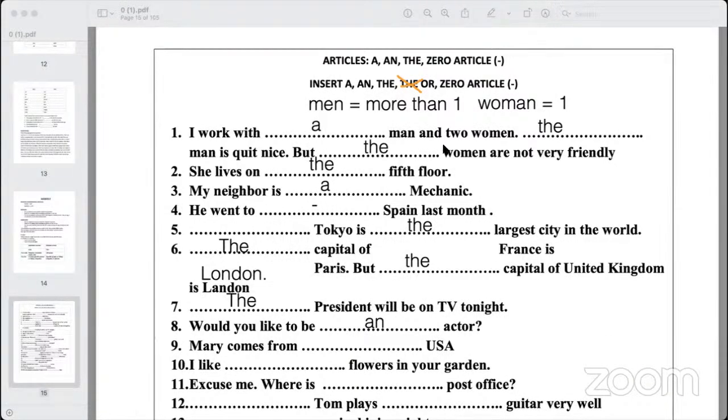Number 9. Mary comes from something USA. So will it be a, an, or the? Can I have ABC Muscalio?